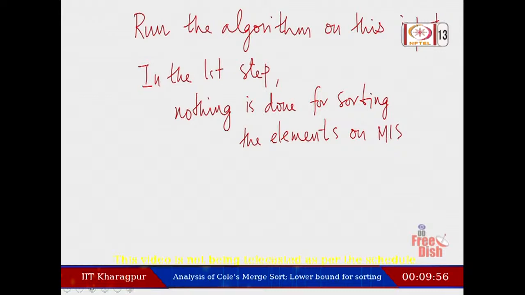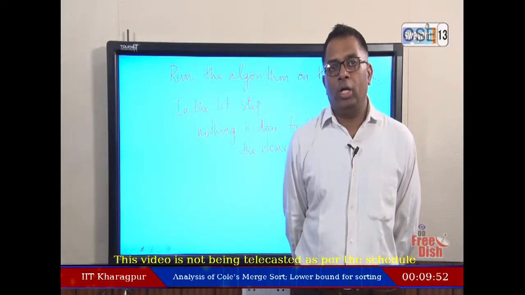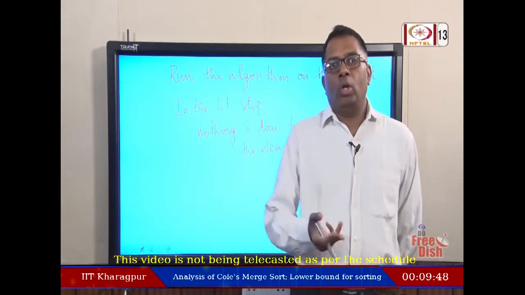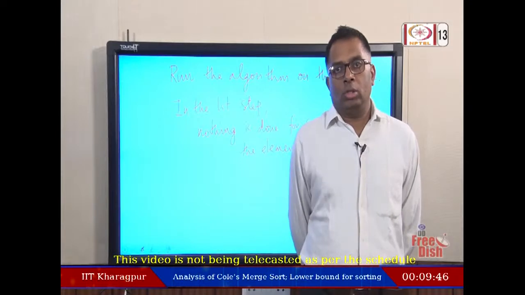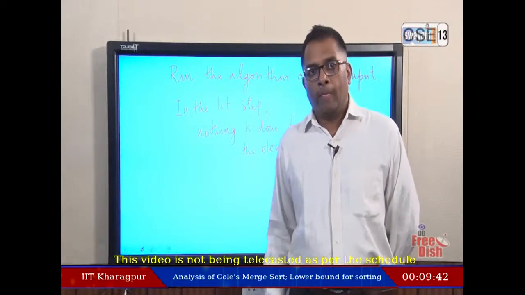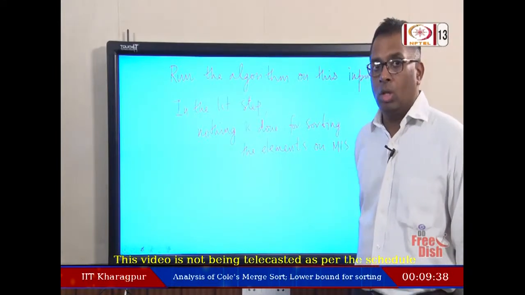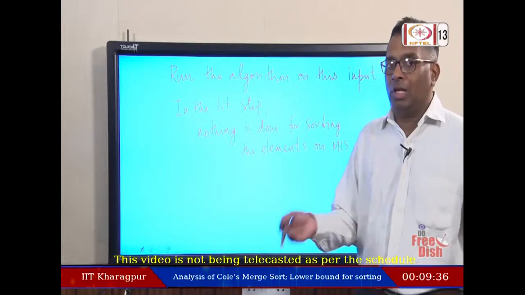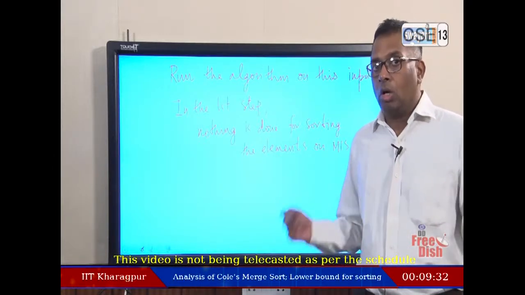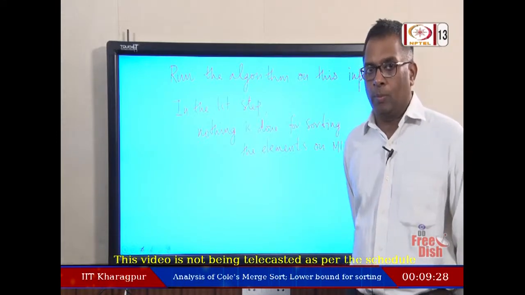Because the elements that are placed on the maximal independent set are not being compared in the first step. The maximal independent set in particular is an independent set, therefore no two vertices belonging to it are adjacent to each other. What it means is that these two are not being compared in the first step. Therefore, these x elements will not be compared with each other. Since we are not comparing these x elements with each other, what it essentially means is that your algorithm is not doing anything towards sorting these x elements.